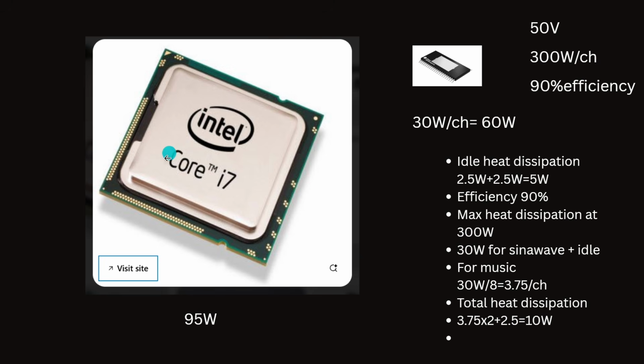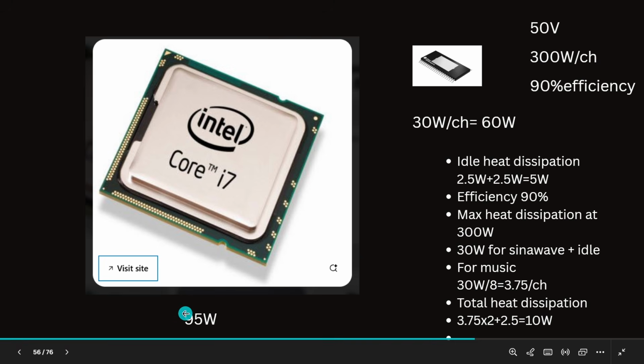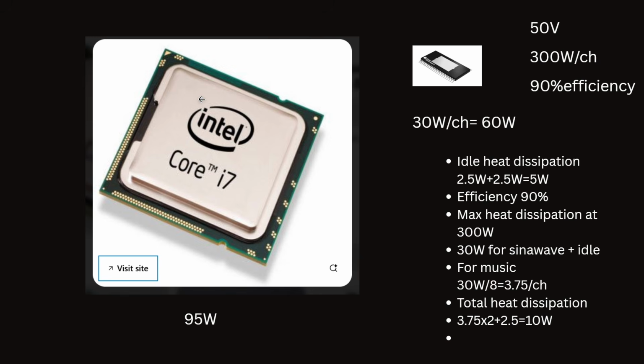And this processor can dissipate 95 watts with aggressive active cooling, with a high RPM fan blowing directly onto the heatsink, and you can see how big the surface is, and the maximum this chip can dissipate is 95 watts.